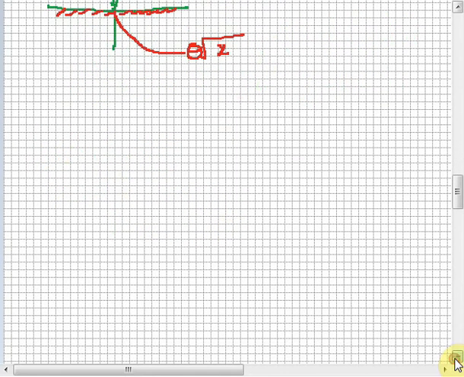Now I will explain what we call stretch and compression.